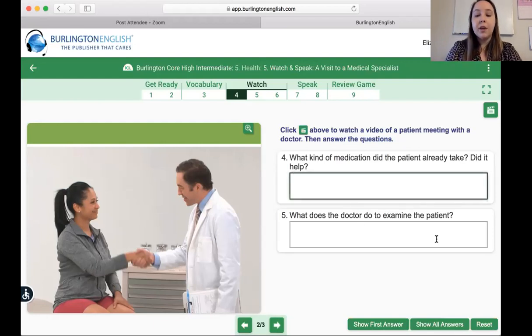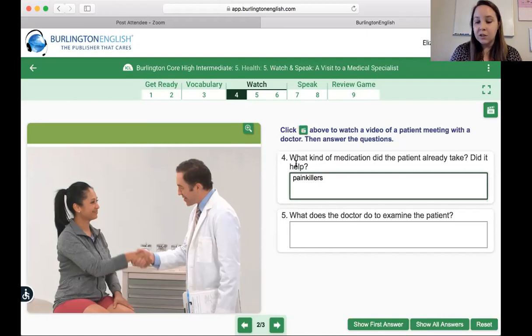So she took what we call painkillers. Painkillers are just like it sounds. They're medicine that helps take away pain. So things like Tylenol or Advil, those are painkillers. Sometimes the doctor will prescribe stronger painkillers if you have more pain.